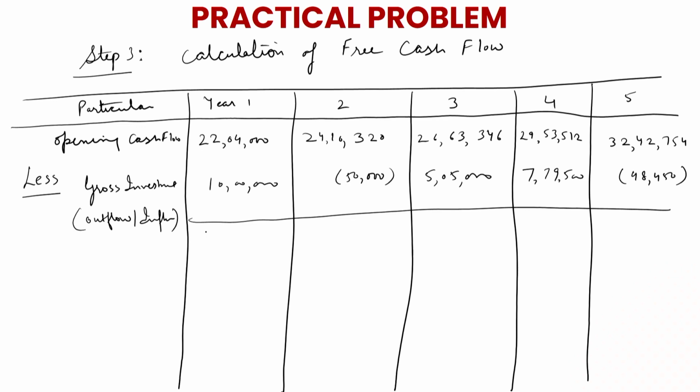Treating it, we got a figure of 12 lakh 4,000. Here we have 24 lakh 60,320, 21 lakh 58,346, 21 lakh 74,012, 32 lakh 91,204 for the fifth year.